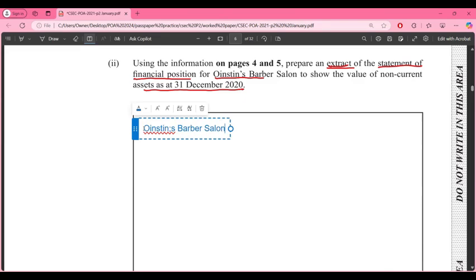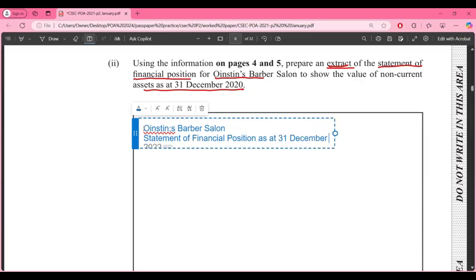And remember, as we said, it's an extract. So what we do, we identify the name of the company which you're preparing the extract for, and you write statement of financial position. And remember, when we're talking about financial position, it is a snapshot, a snap of what is happening as at December 31st, 2020.